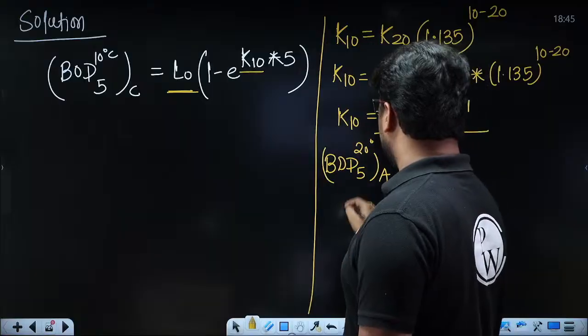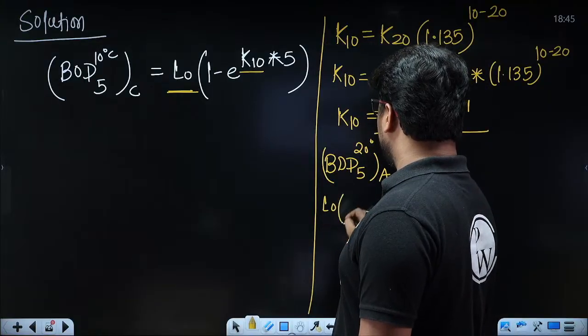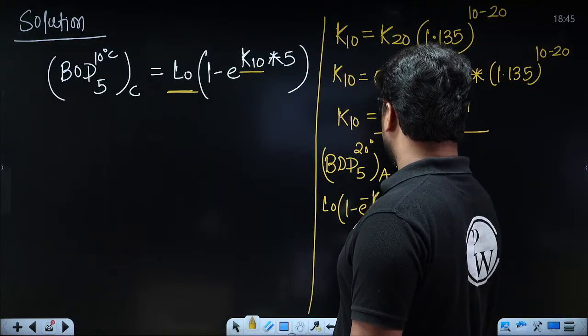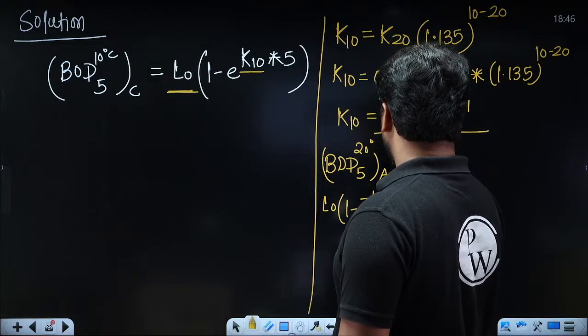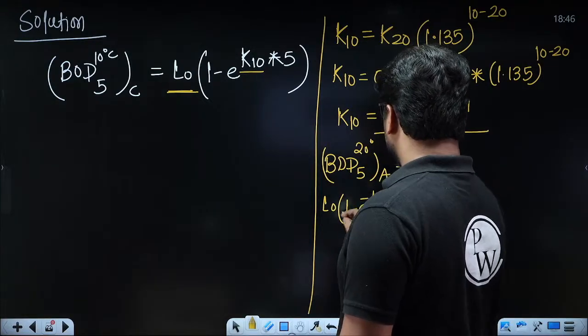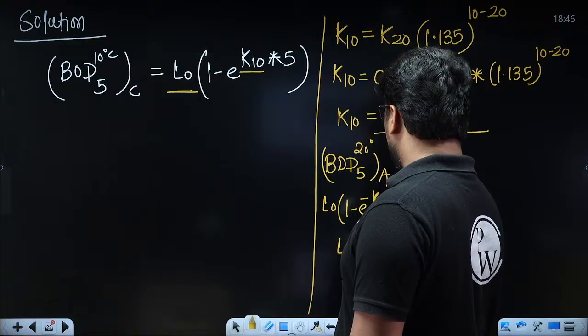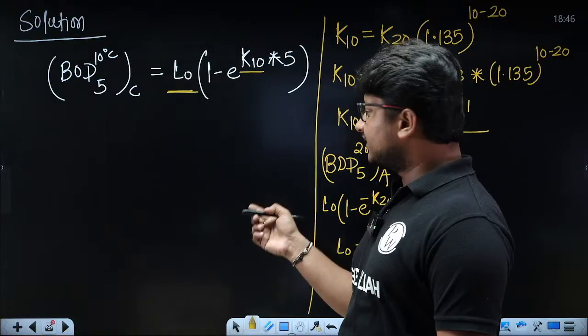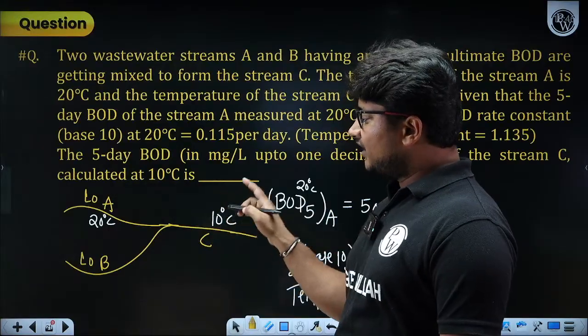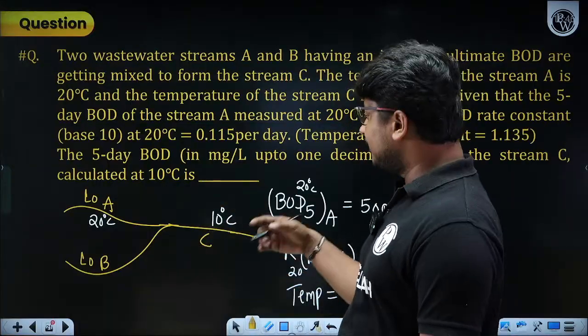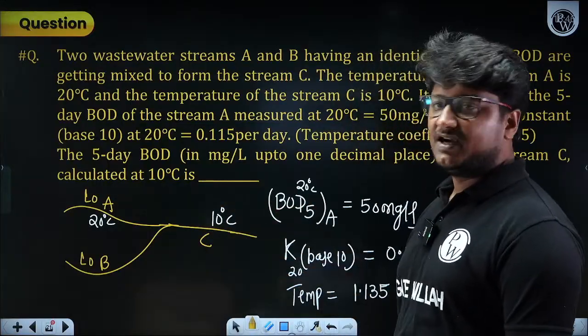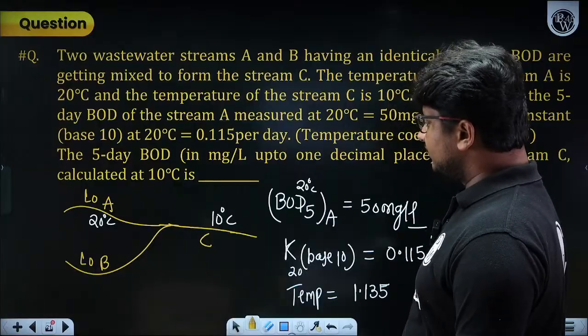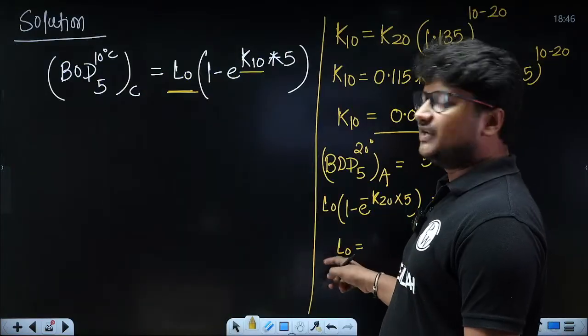I know this is equal to L0 times (1 minus e to the power minus K20 into 5), equal to 50. The L0 which I get for stream A will be used for stream B also and for stream C also. The same ultimate BOD will be used here.